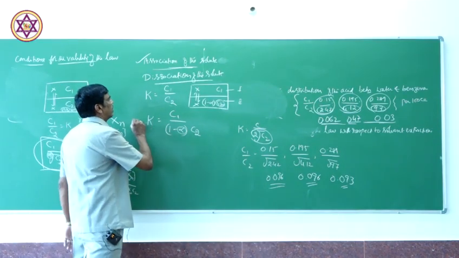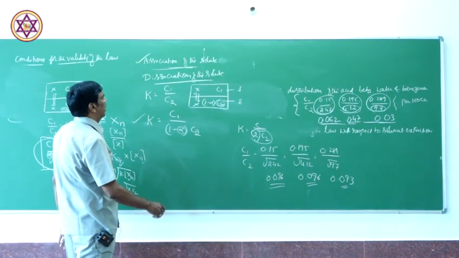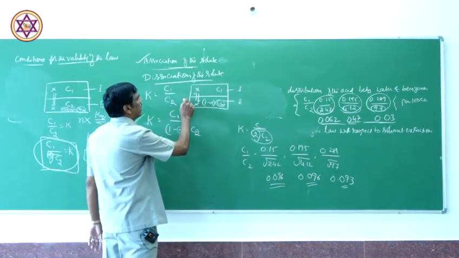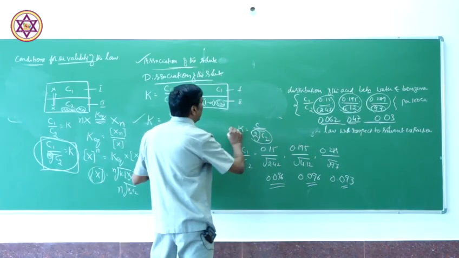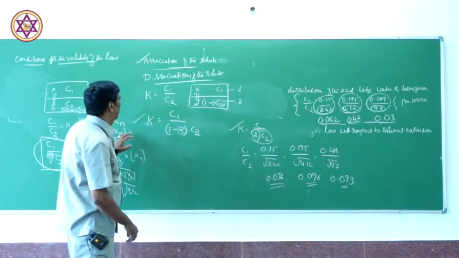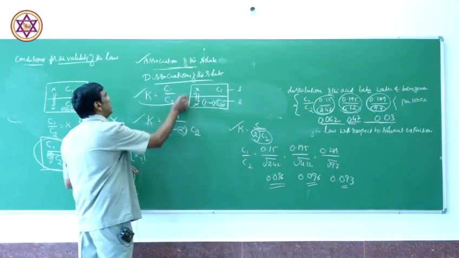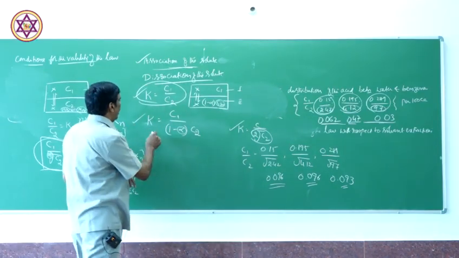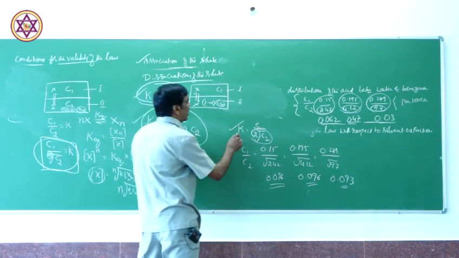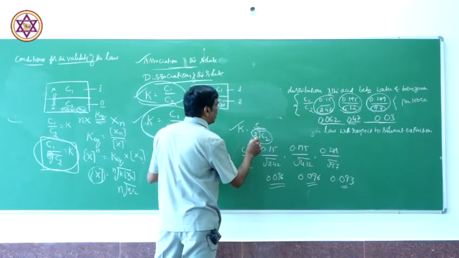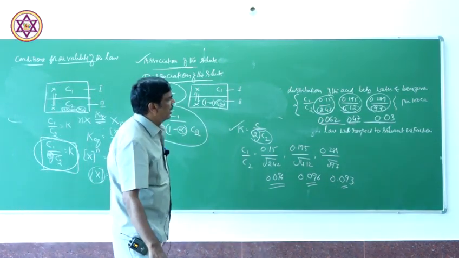For no change, K is equal to C1 by C2. For dissociation, K is equal to C1 by 1 minus alpha into C2. For association, K is equal to C1 by the nth root of C2. These are the expressions used here.